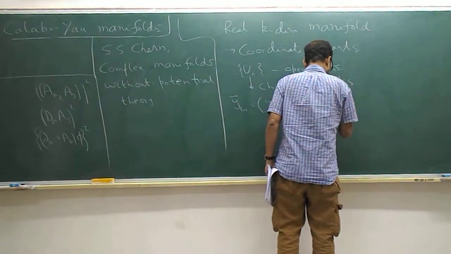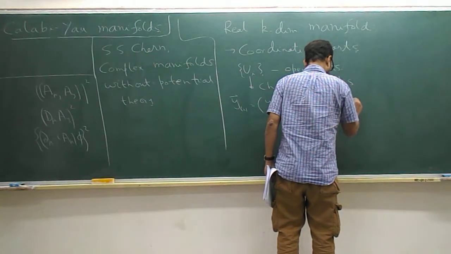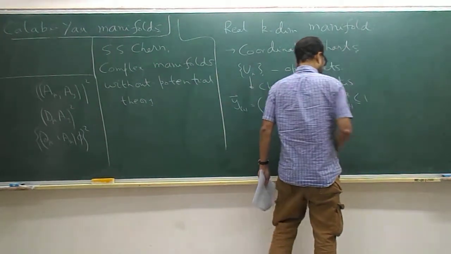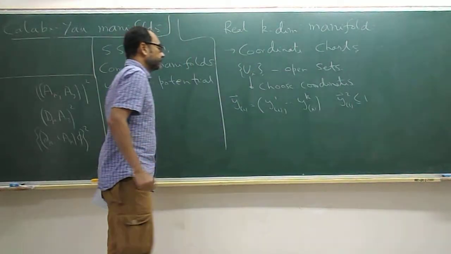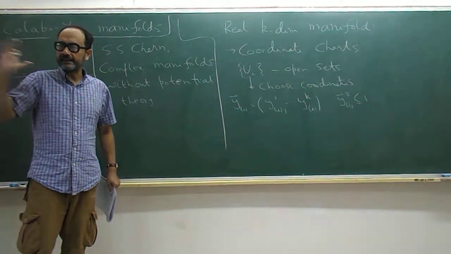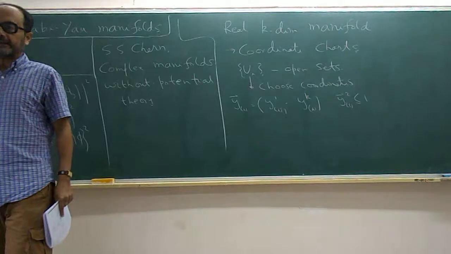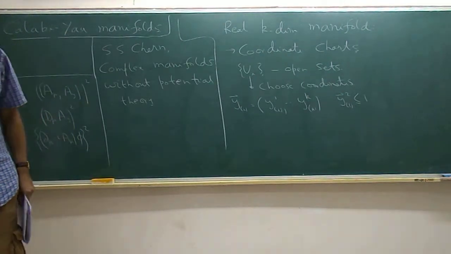We take y_i squared to be less than or equal to 1. This is just a convention that we describe each coordinate chart by a coordinate system inside a unit disk.